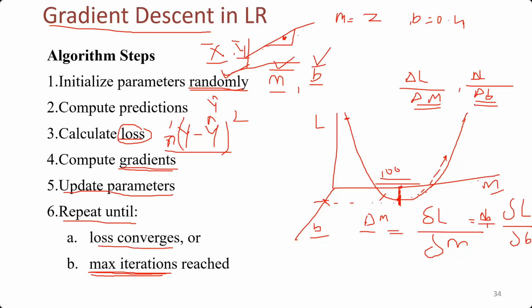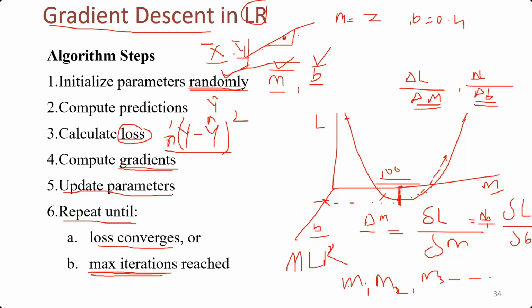Since we are talking about the linear regression model here, there are only two parameters. When we talk about multiple linear regression, we may have multiple m values: m1, m2, m3, and so on. It depends on the number of independent variables.